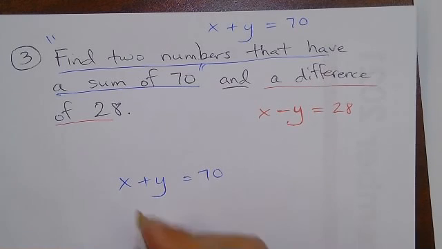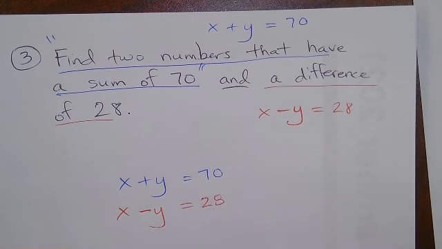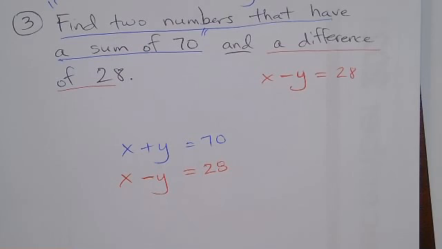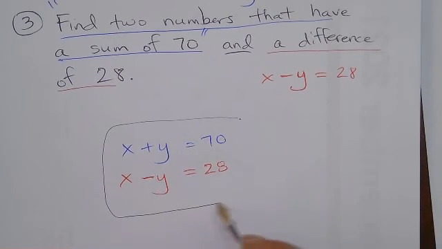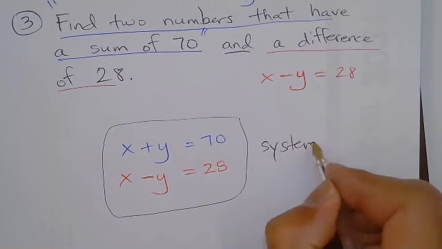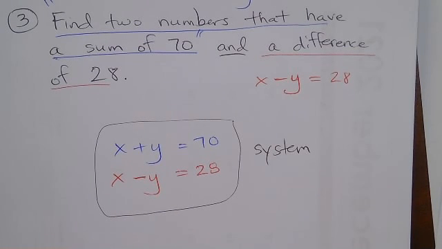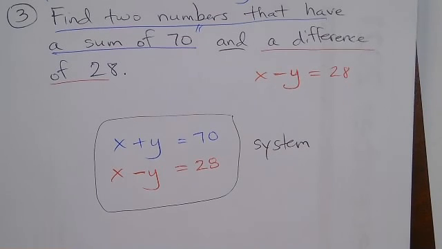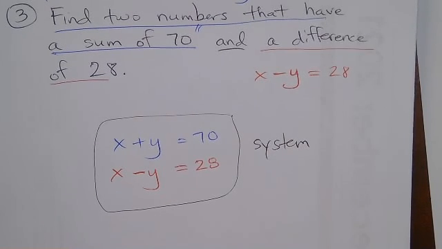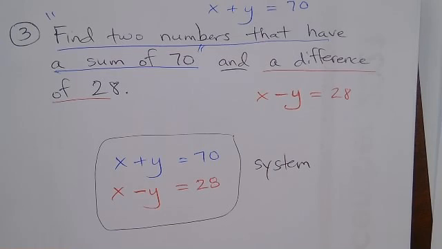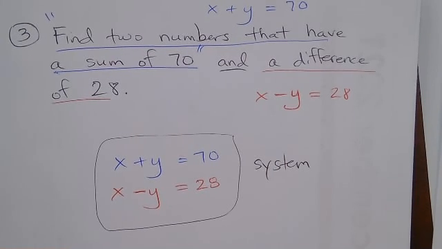Not directly, but indirectly you got to read between the lines. So the system is this. Now, why do I say this is actually the easiest one? It's already in standard form.